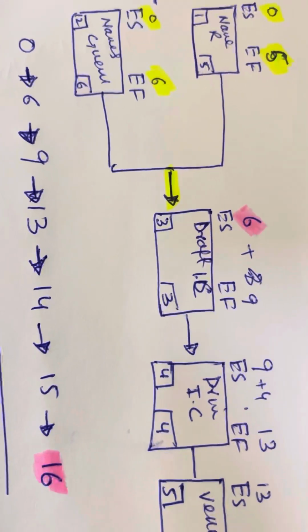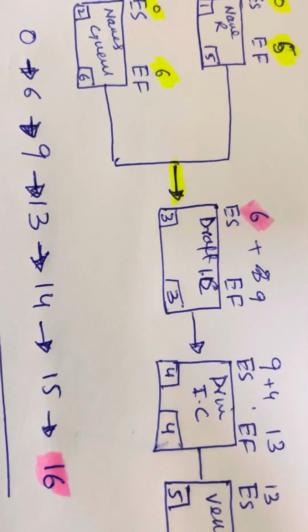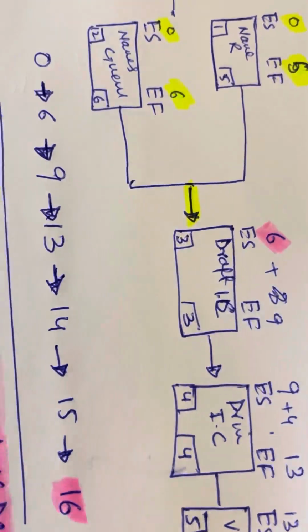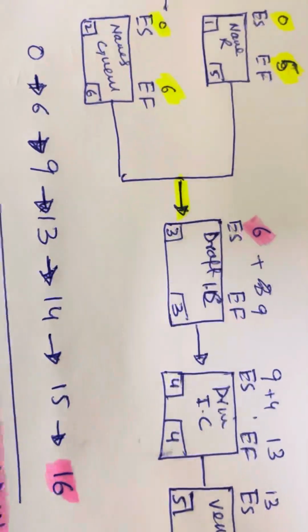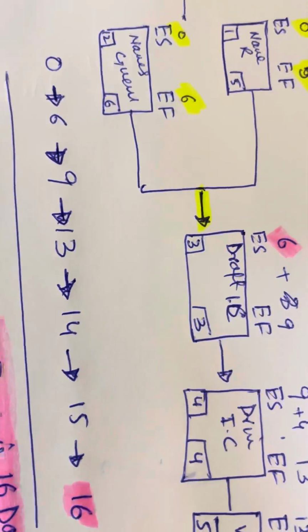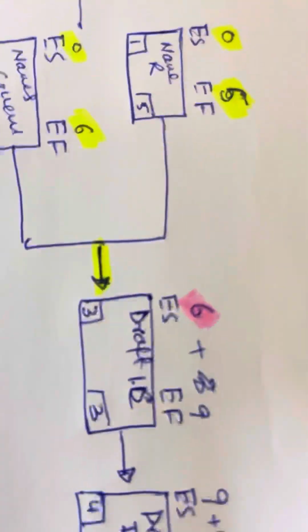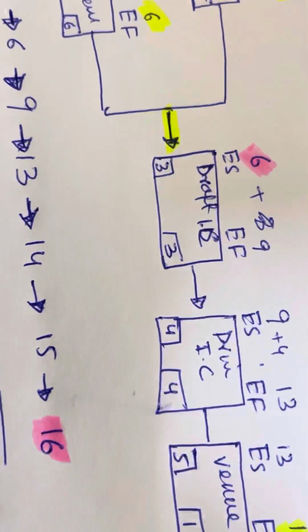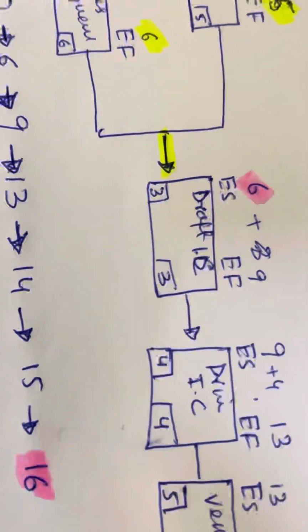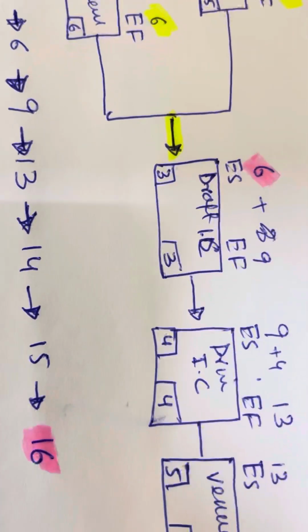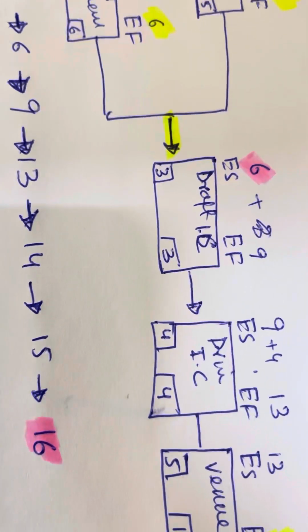We cannot start the draft of the names unless the guest names activity is finished. So the earliest start for this activity is day 6. Its duration is 3 days. So 6 plus 3 is equal to 9.